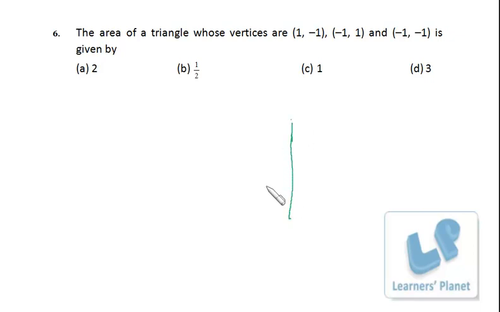Just draw one line, the axis, 1 minus 1, so that is 1 and this is minus 1, right? Then minus 1, 1, so this is minus 1, 1. Then we have minus 1, minus 1, so it's minus 1, minus 1.